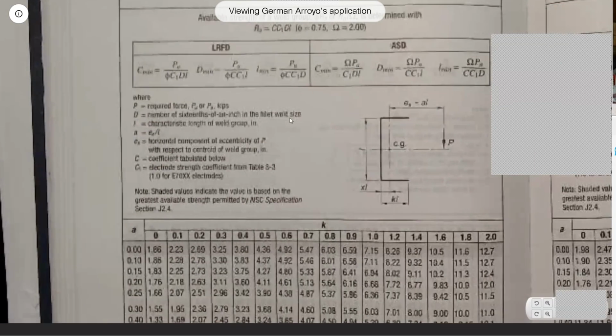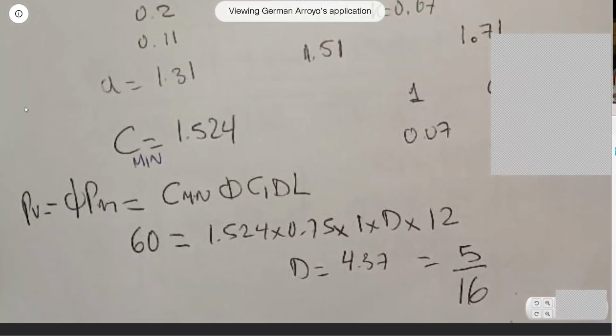So when I solved for this, phi is 0.75, C1 is 1, because we had an electrode that is 70. D is going to be the size of the well in 16ths of an inch, and 12 is the length that we use for all our computation. So it came as 4.37.